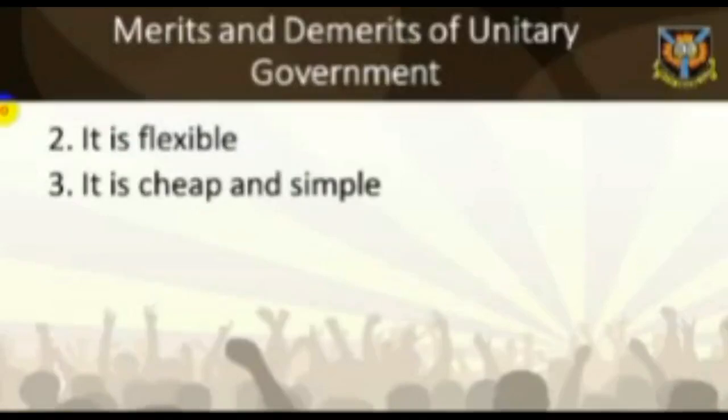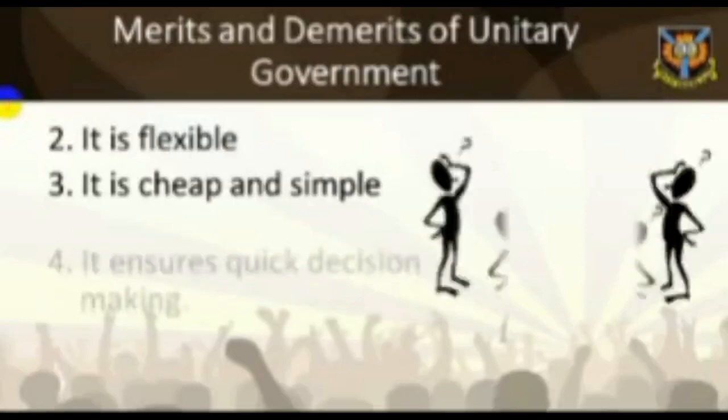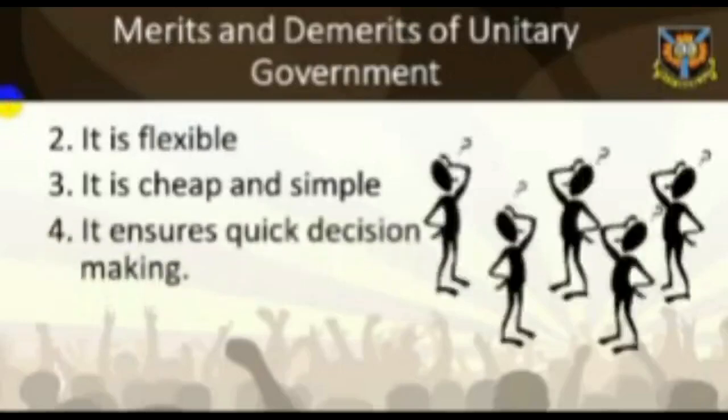The unitary system is less cumbersome than the federalist system because power is centralized and no region or state can claim any exclusive power, which makes the problem of intergovernmental rivalry unlikely. 4. It ensures quick decision making.